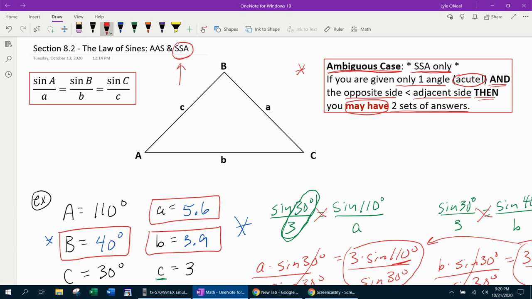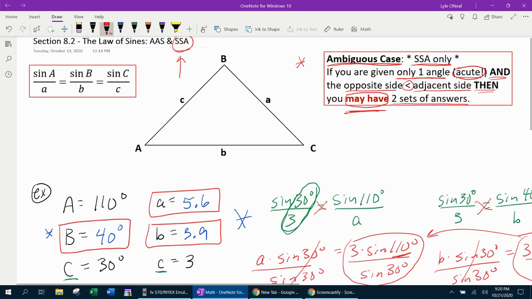That's what the ambiguous case says. Notice there's two criteria that have to be met. You have to have only one angle that's acute, and the opposite side has to be less than the adjacent side. If both of those cases are met, then you have to check for maybe two sets of answers.